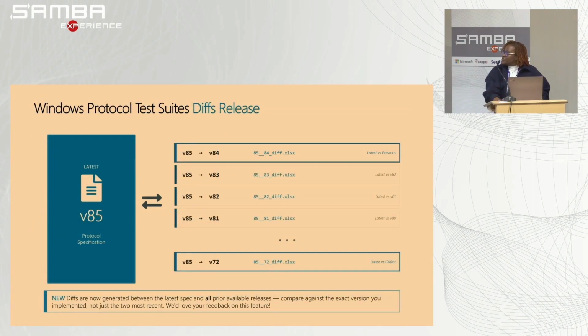Another thing we've started doing is releasing protocol document diffs designed to help you understand what's changed between the version of the protocol you last implemented and the version you're looking to adopt now. It addresses a common pain point we've had from partners: protocol specifications get updated quite regularly, but figuring out what's changed since the version you last implemented is difficult.